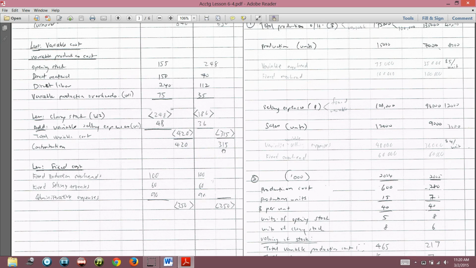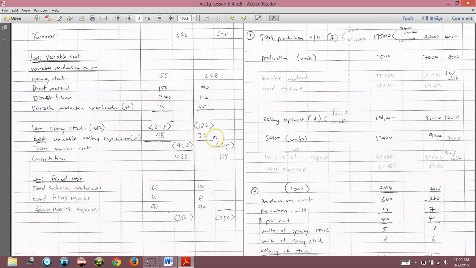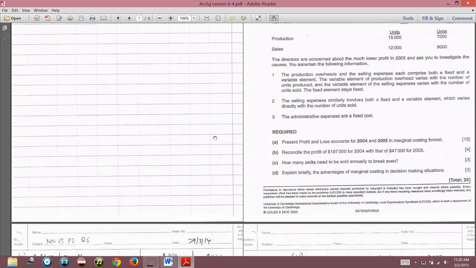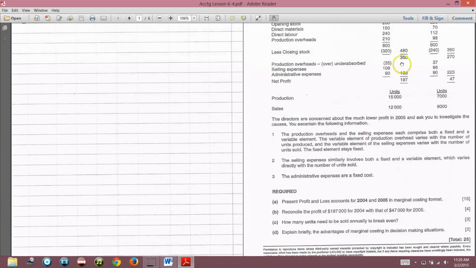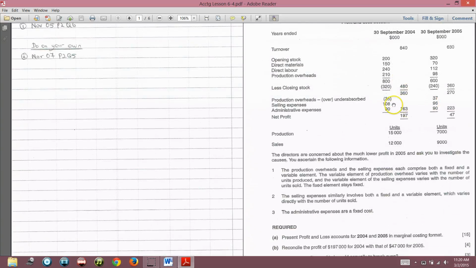Up to this part. So what other explanation can we include to explain why? Now we can look over here. This is 2004 and this is 2005. Production overheads are over-absorbed or under-absorbed.